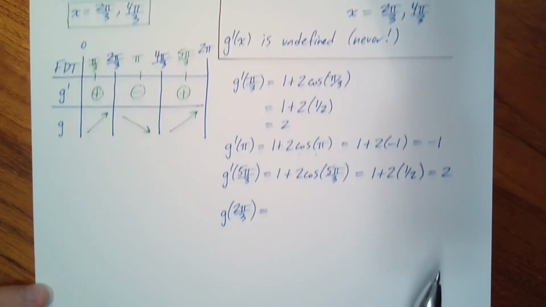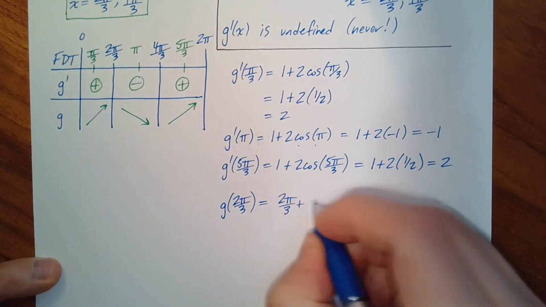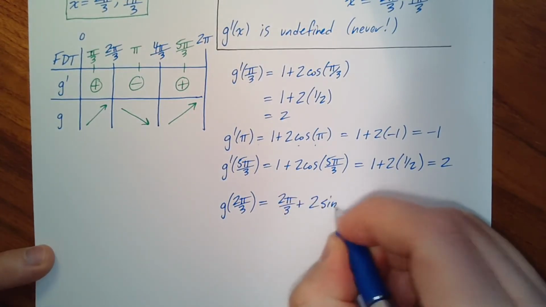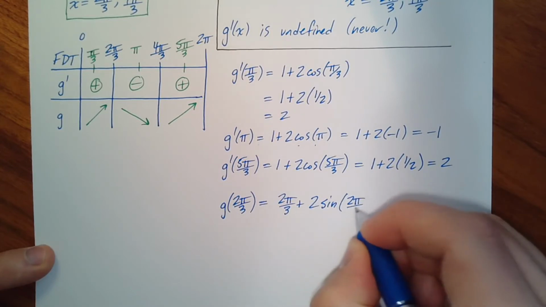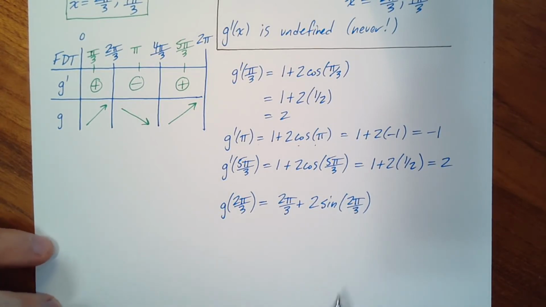So g of 2 pi over 3 is going to be 2 pi over 3 plus 2 sine of 2 pi over 3. Okay, so now what's sine of 2 pi over 3? Well, the reference angle of 2 pi over 3 is pi over 3, and sine of pi over 3 is root 3 over 2. And based on the quadrant that 2 pi over 3 lies in, draw the unit circle. I'll leave it to you to do that.